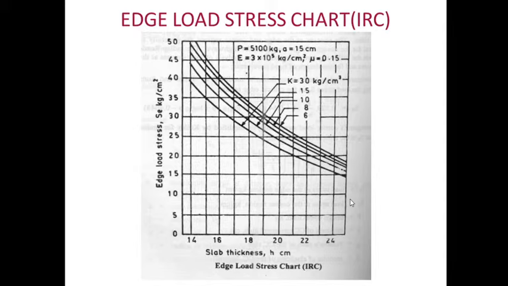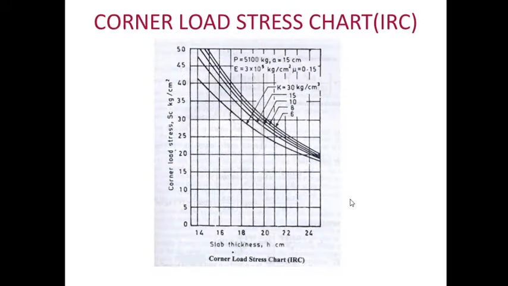Next, another chart for finding the corner load stresses. Our slab thickness is 23 centimeter, whereas the modulus of subgrade reaction K is 6 kg per centimeter cube. So for 23 centimeter and 6 kg, the corner load stress is around 23 or 24. So the corner load stress is 22.6 kg per centimeter square from the chart.